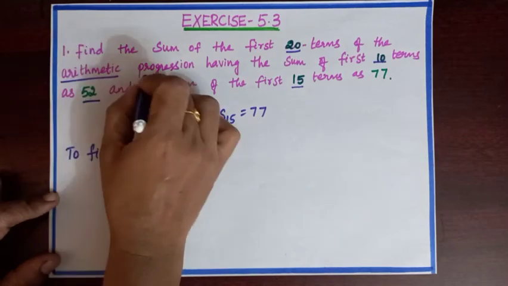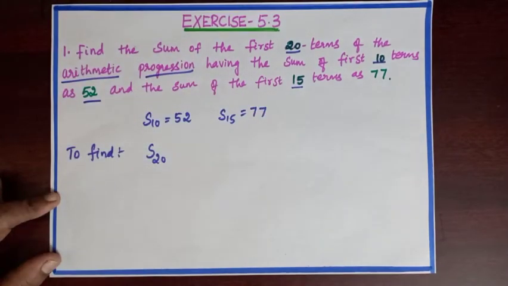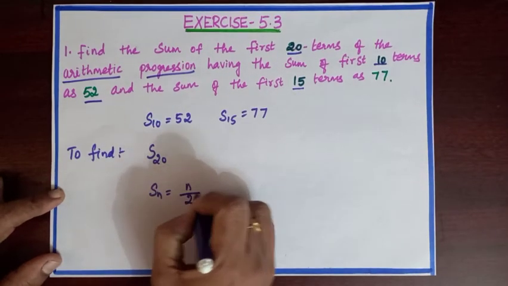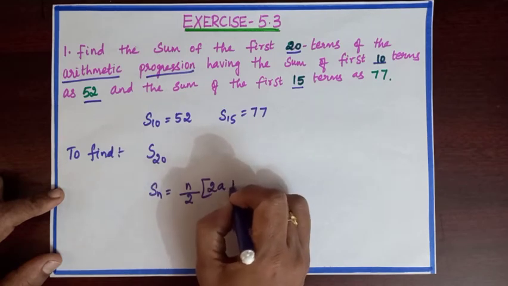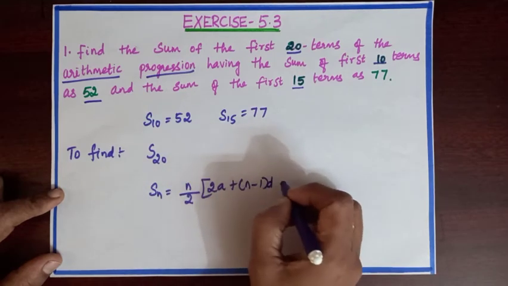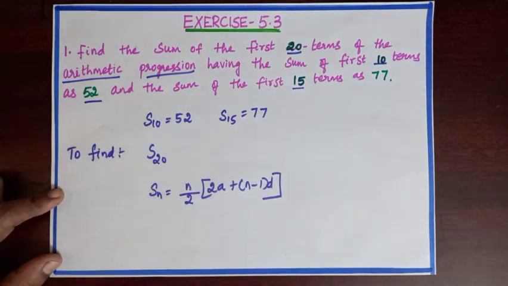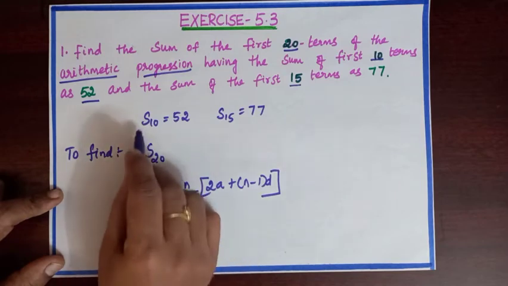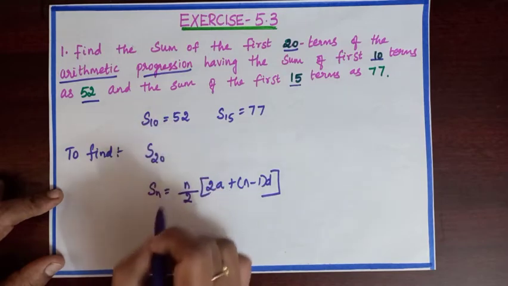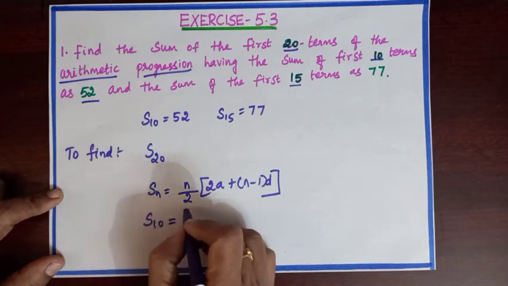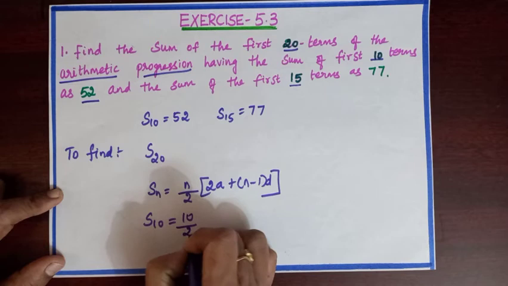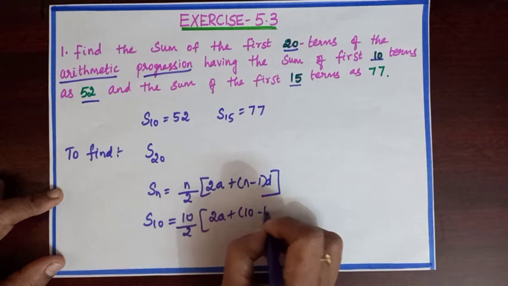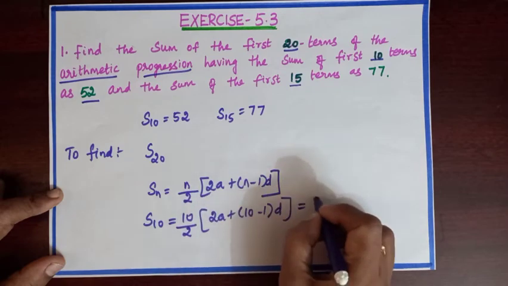Here we are using the arithmetic progression formula. The sum of the arithmetic progression formula is Sn equal to n by 2 into 2a plus n minus 1 into d. S10, that is n is 10, and the sum of the 10 terms is 52. Then n by 2, that is 10 by 2, into 2a plus 10 minus 1 into d, which is equal to 52.